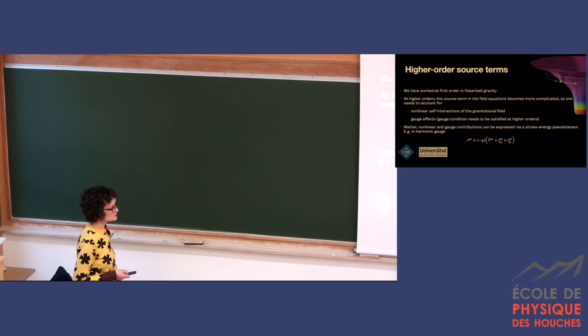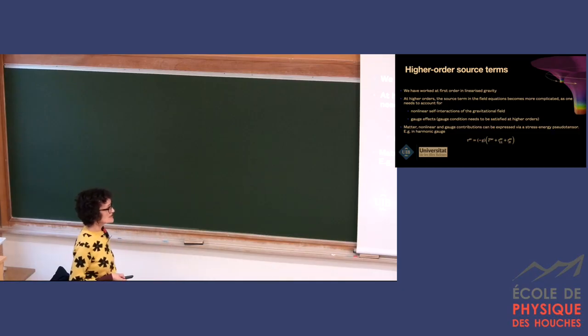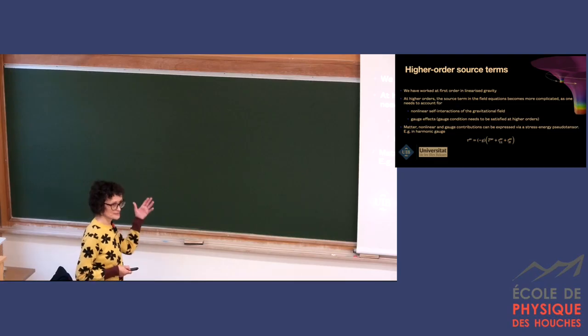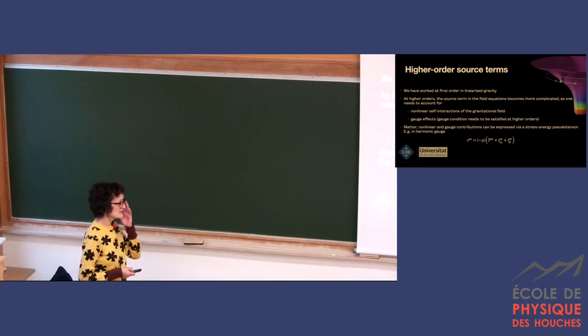And I have also other gauge terms that I can put in my source, to make sure that the gauge condition is respected at every order in perturbation theory. So if I go up, the source term becomes a slightly different object, called the stress energy pseudo-tensor, because it has more terms inside that are not just the source term that we saw initially.